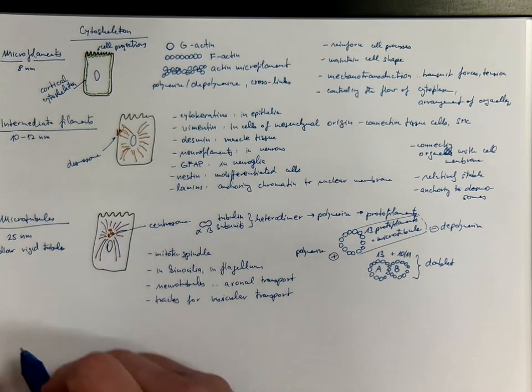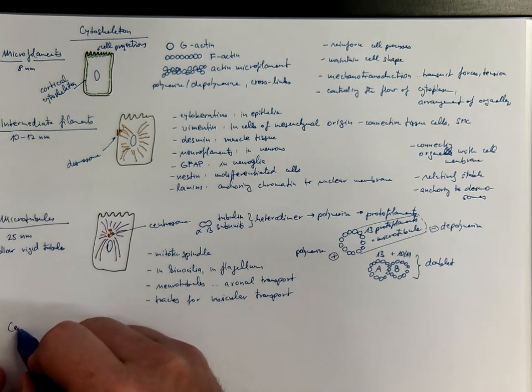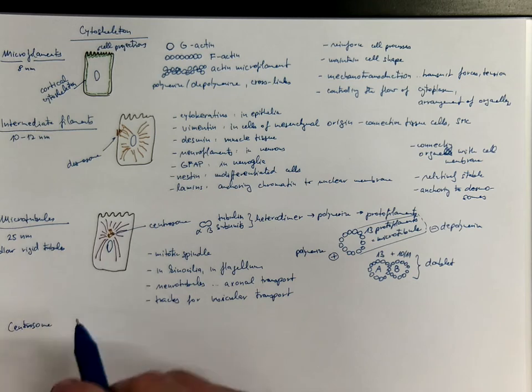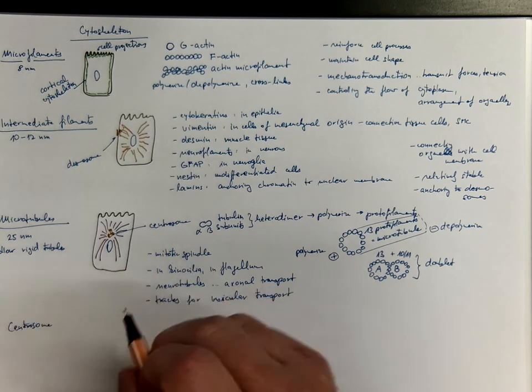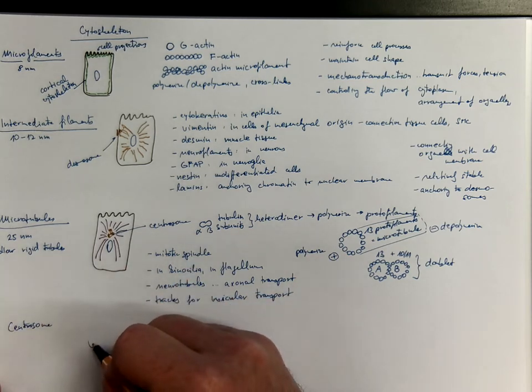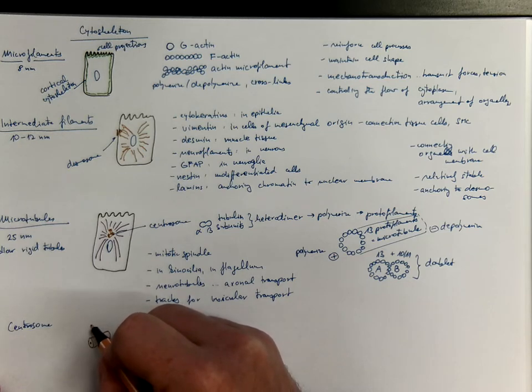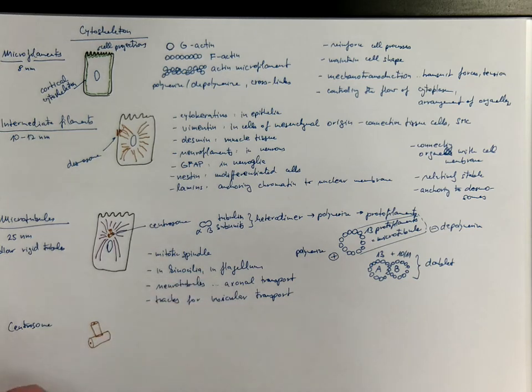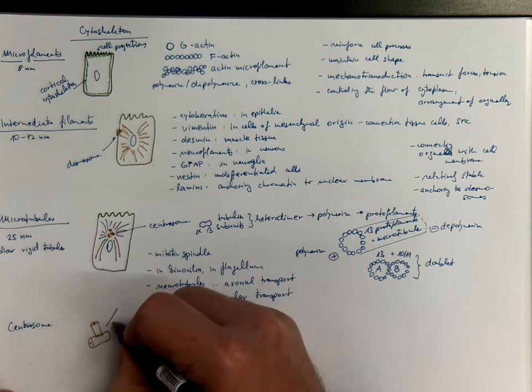We need to mention also the centrosome. More briefly, it's made of two centrioles, which are hollow cylinders occurring perpendicularly to each other, around which the microtubules are organized.